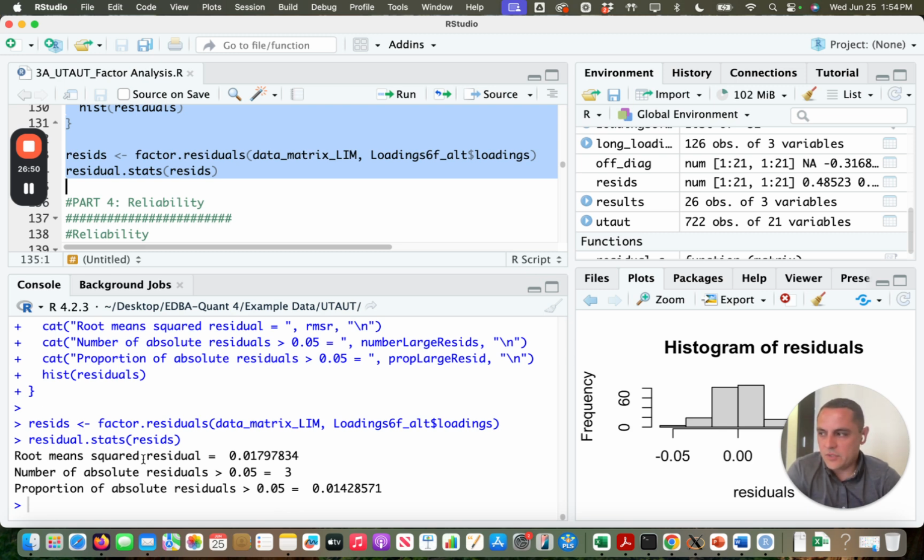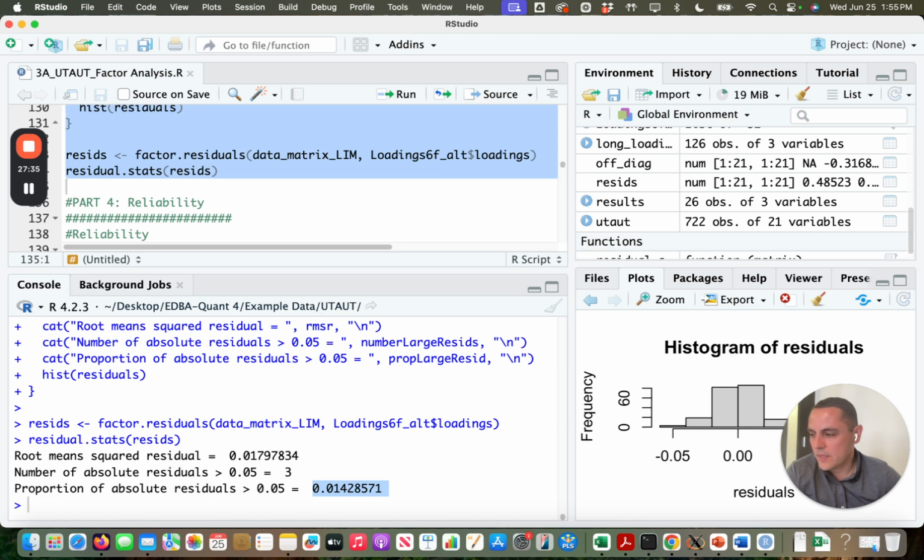Three out of the 210 are large residuals, so there are very few. We don't want a lot of the residuals, in absolute value, to be over 0.05, so we're just counting those up. We have a very small amount, which corresponds to about 1.4%, as you can see at the bottom there. The general cutoff is 5%, so we're well below 5%. So we feel pretty good about that as well.